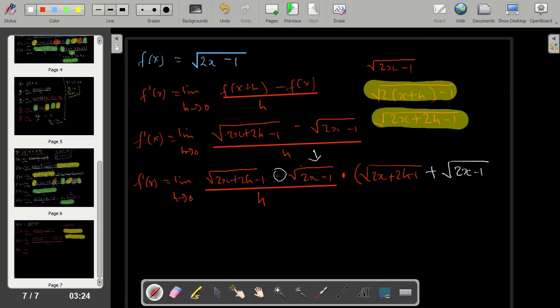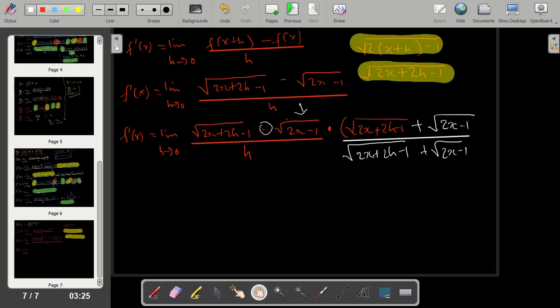Then everything dividing by the same conjugate, which is the root of 2x plus 2h minus 1 plus the root of 2x minus 1, like that.